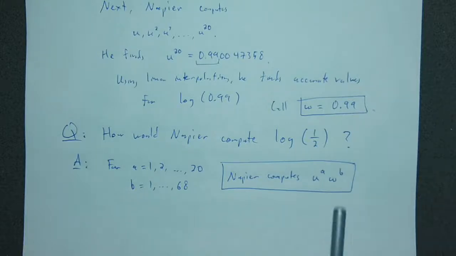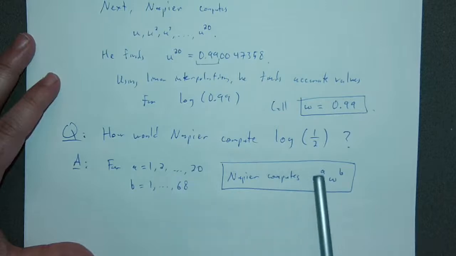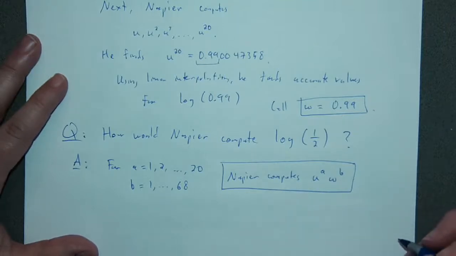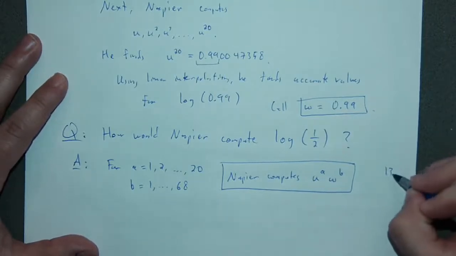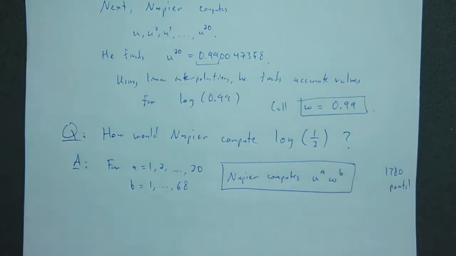First of all, how many of these is he having to do? There's 20 different powers of U here and 68 powers of W. This is 1,360 points, right? Again, he had 20 years to do this. So calculating this product 1,360 times, not too tall an order for him.